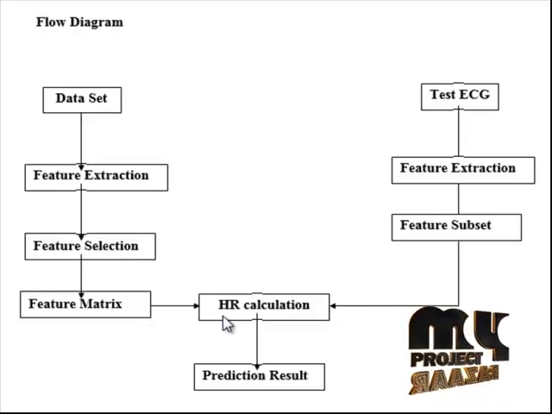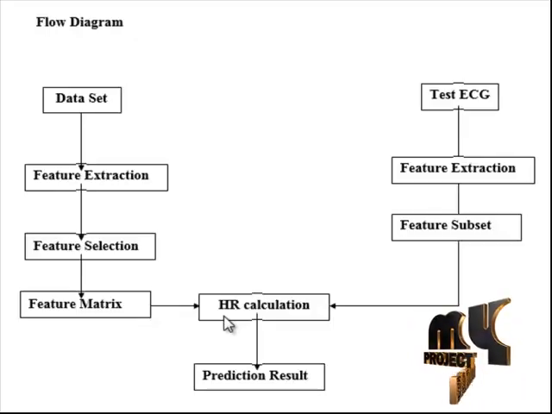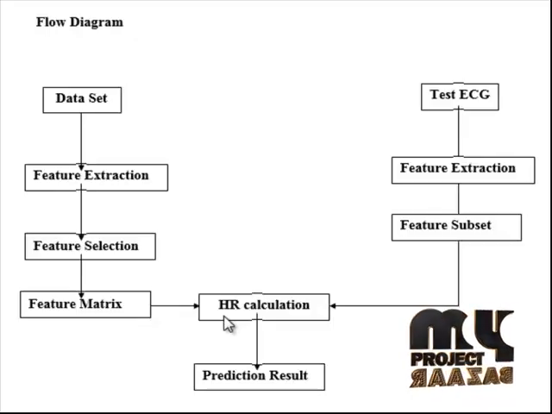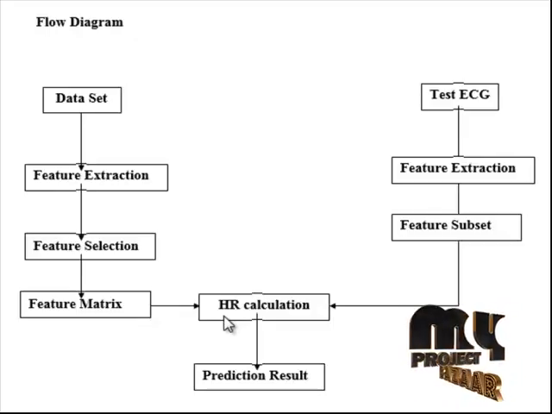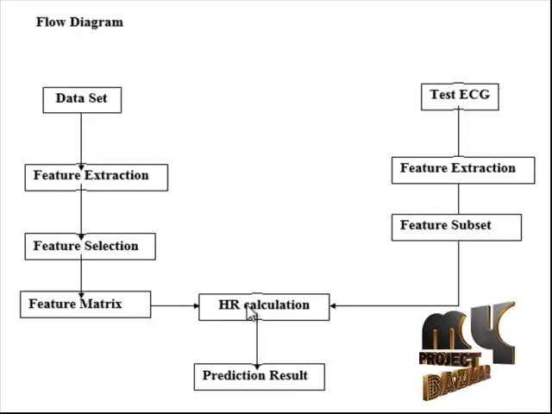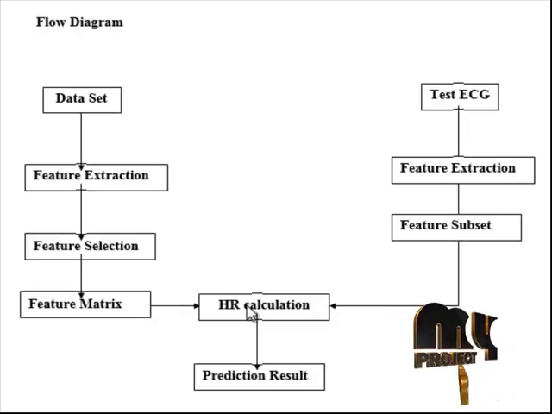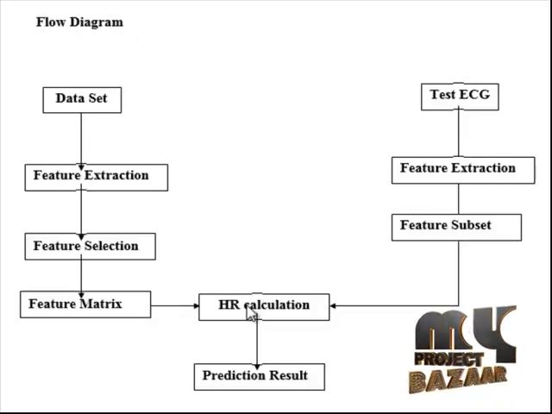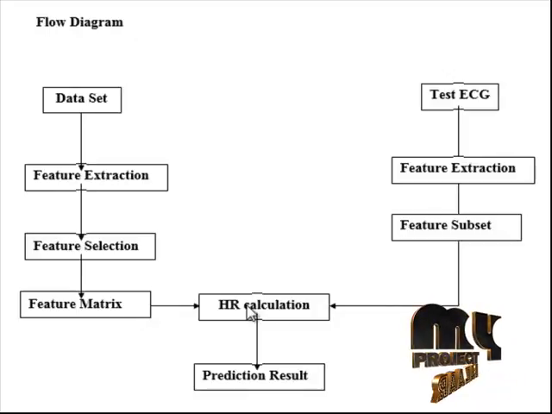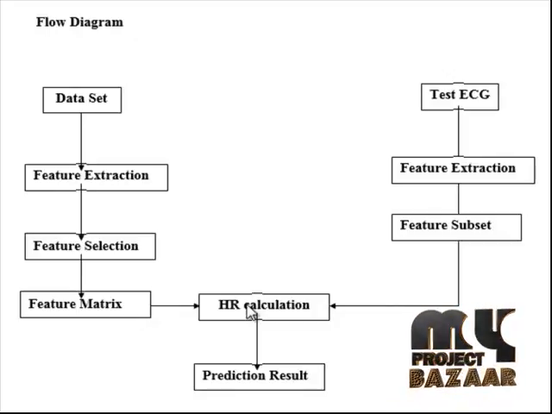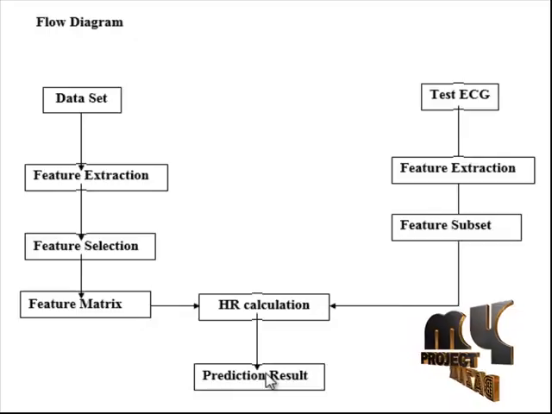Next, in the abnormality detection stage, the cardiovascular abnormality detection is based on the heart rate, that is HR, calculation. HR is calculated from the extracted features of the ECG signal by finding the inverse of the RR interval, which is the time difference between two consecutive R peaks present in every QRS complex. Finally, we obtain the prediction result.